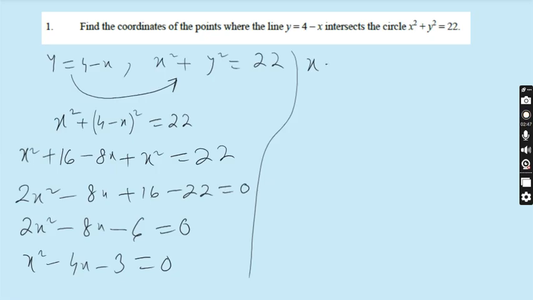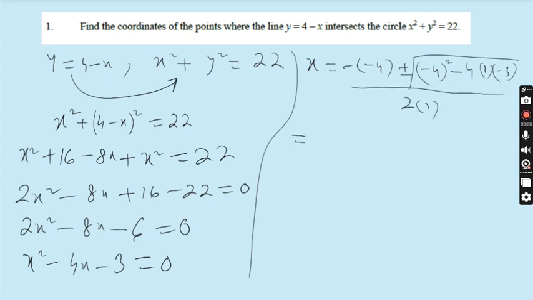x equals minus b plus minus square root of b square minus 4ac, upon 2a.